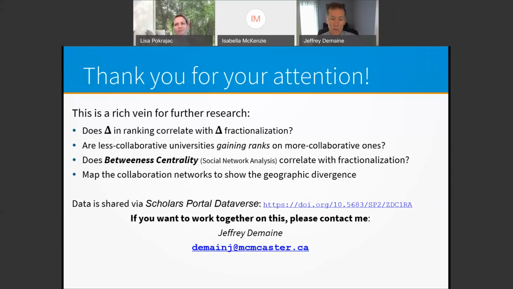So the way the Leiden data set works is they're using this form of fractional counting, which they describe on their website. Fractional counting is aggregated at the level of the institution.